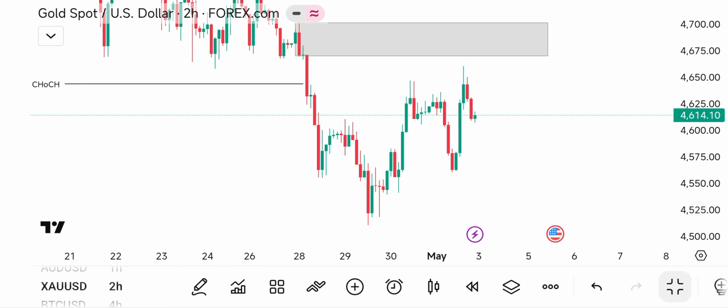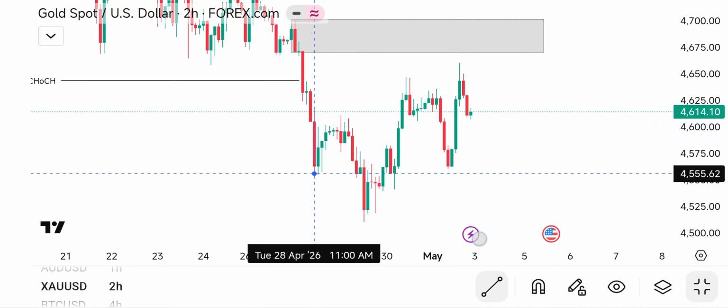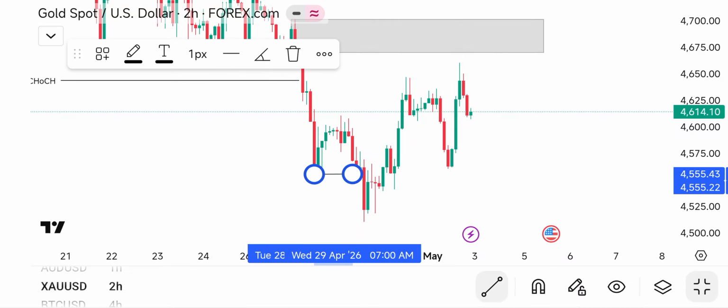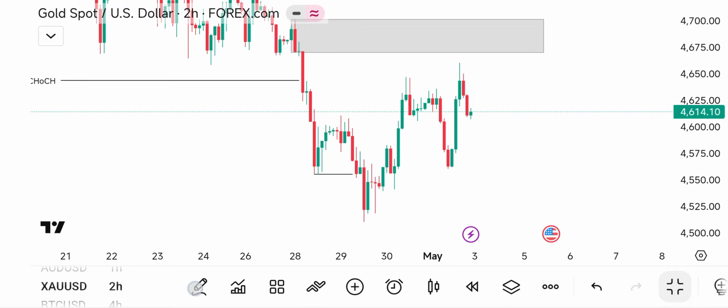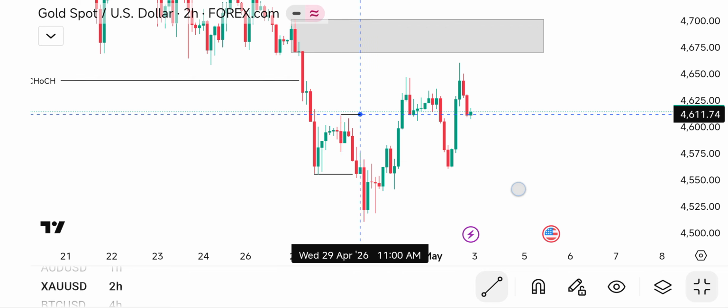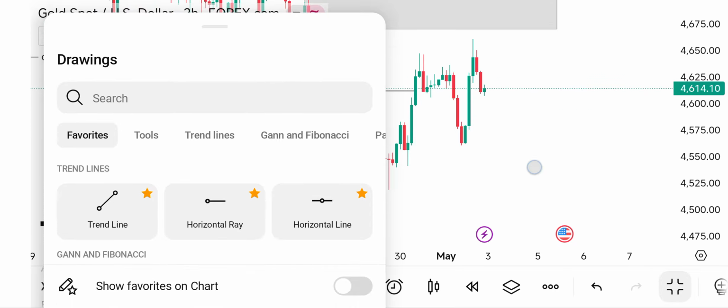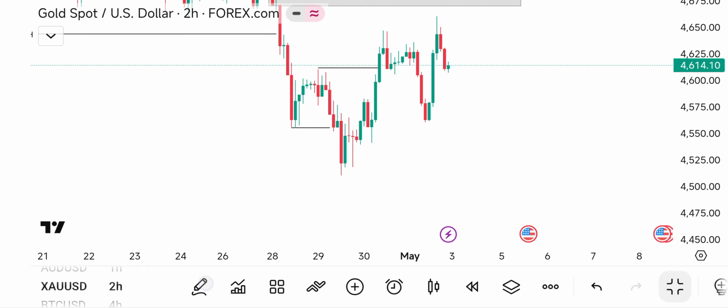So looking for buys now, we have this break of structure here. You can see we have a break of structure, and we have this to be a change of character. So price came after this change of character. Price came into the origin.